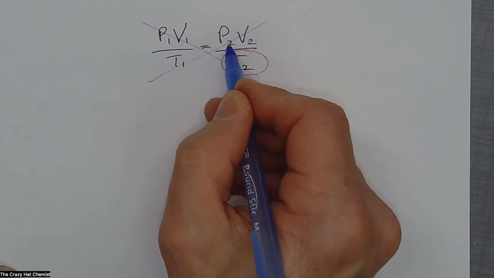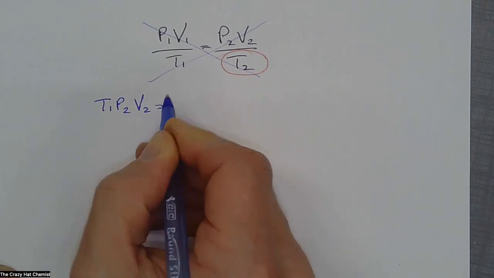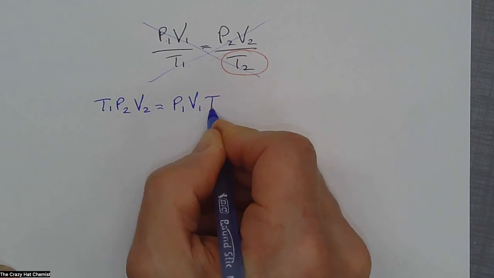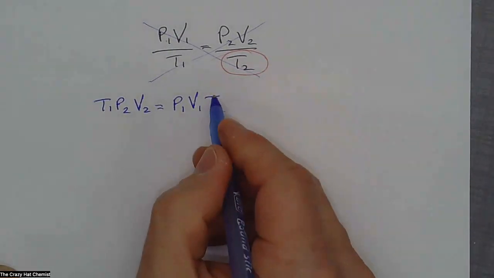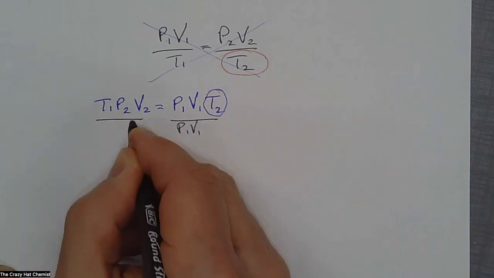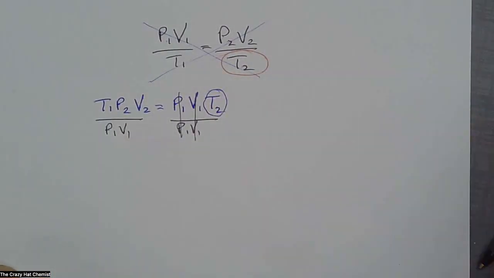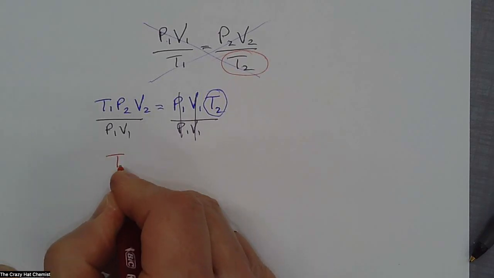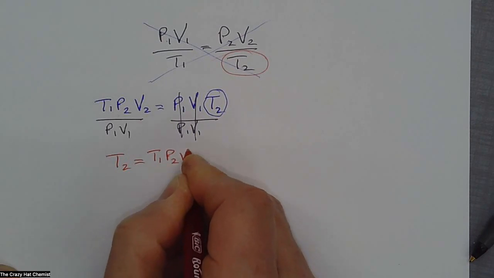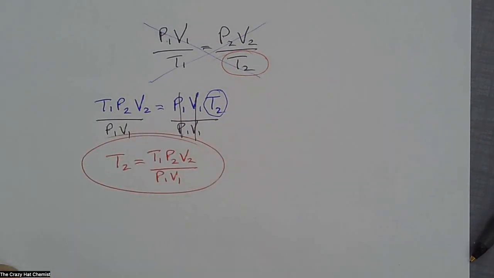So T1 P2 V2 is equal to P1 V1 T2, and we are trying to solve for T2 right there. So we're going to divide both sides by P1 V1, and these cancel out, and you're left with T2 is equal to T1 P2 V2 over P1 V1 right there, just like that.